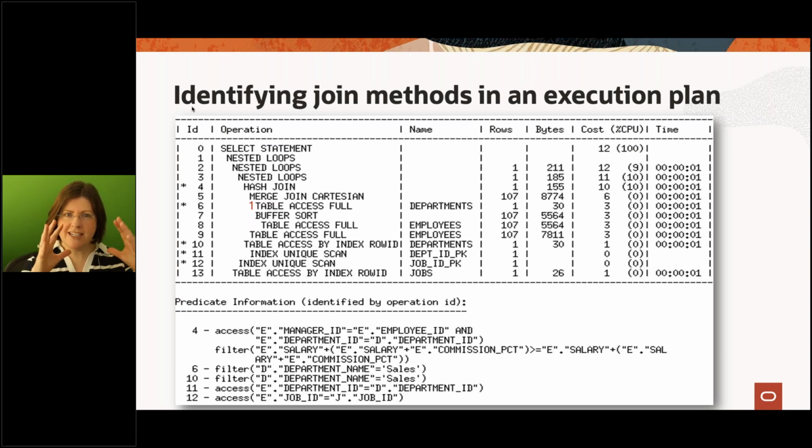And remember, it is a tree, so I need to walk back up the tree to the next step from that table access full, and then walk down the other side. In this case, that takes me to employees, and then that joins to employees again, and then we go to department, and then we go to jobs. So that's how this particular plan works.